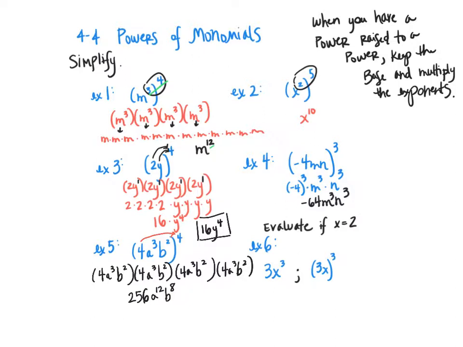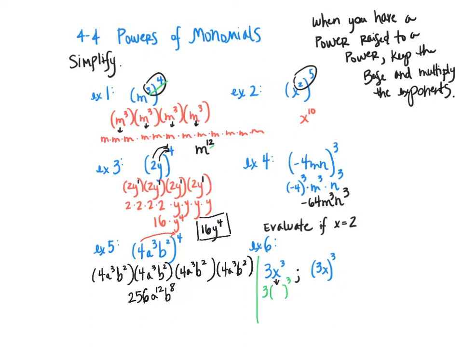Okay, let's look at this last problem. Really is just to show you the differences. So notice 3x to the third, only the x is going to the 3rd power. So when you're evaluating, I always prefer you to put parentheses before you plug in whatever you're plugging in.